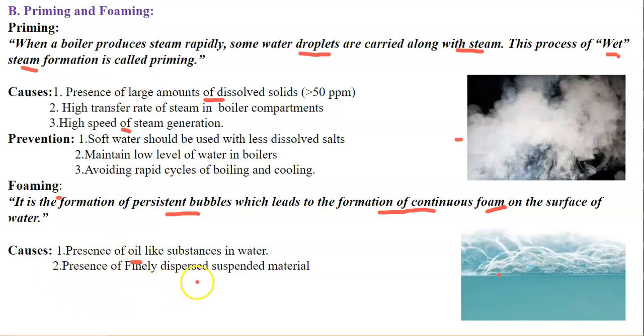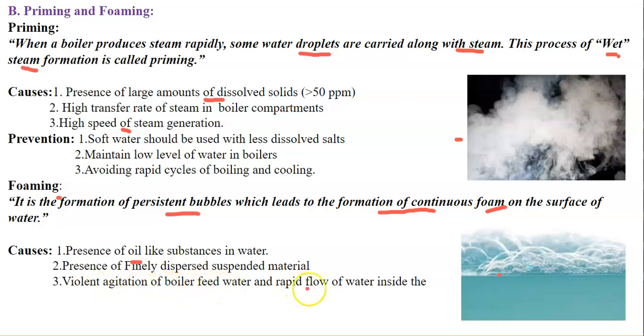Second, if it contains finely dispersed suspended material, means impurities of suspended materials, then the steam formation will not occur properly. It can lead to the formation of foam. And third, violent agitation of boiler feed water and rapid flow of water inside the boiler and heat exchangers.